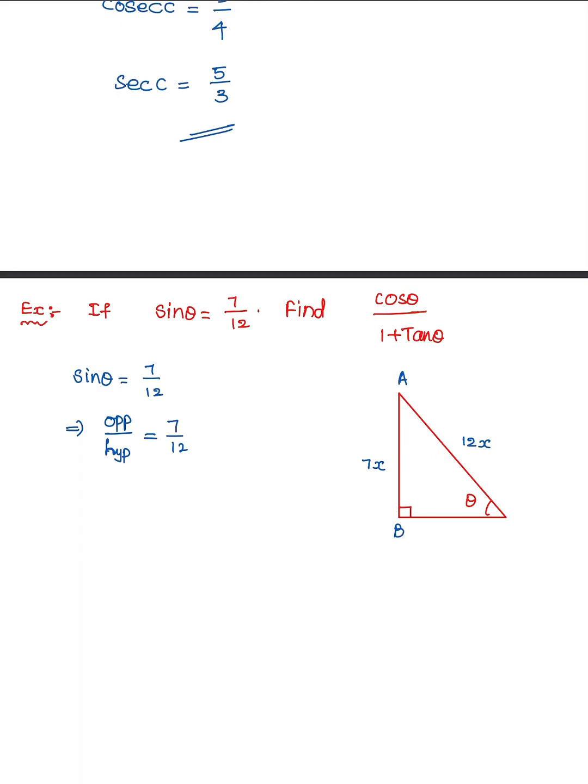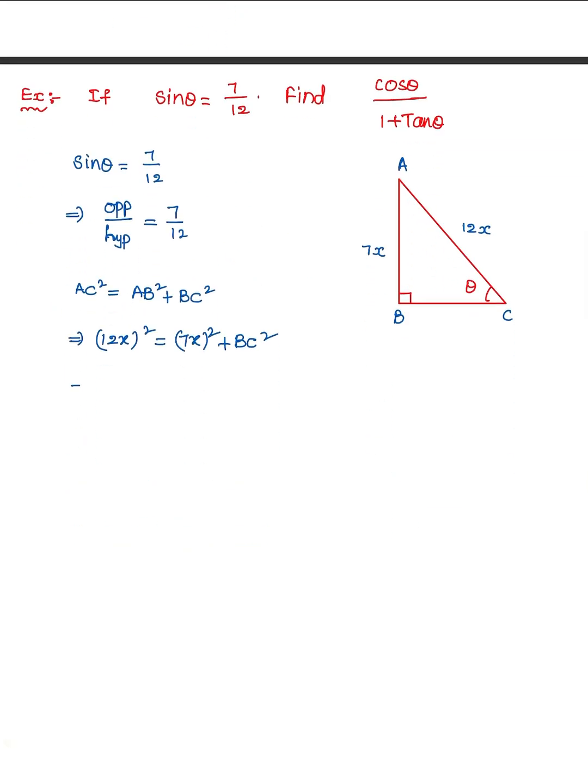ABC, if I assume. So we need to find the BC length. In triangle ABC, AC square is equal to AB square plus BC square. So AC square is 12x whole square, equal to 7x whole square plus BC square.